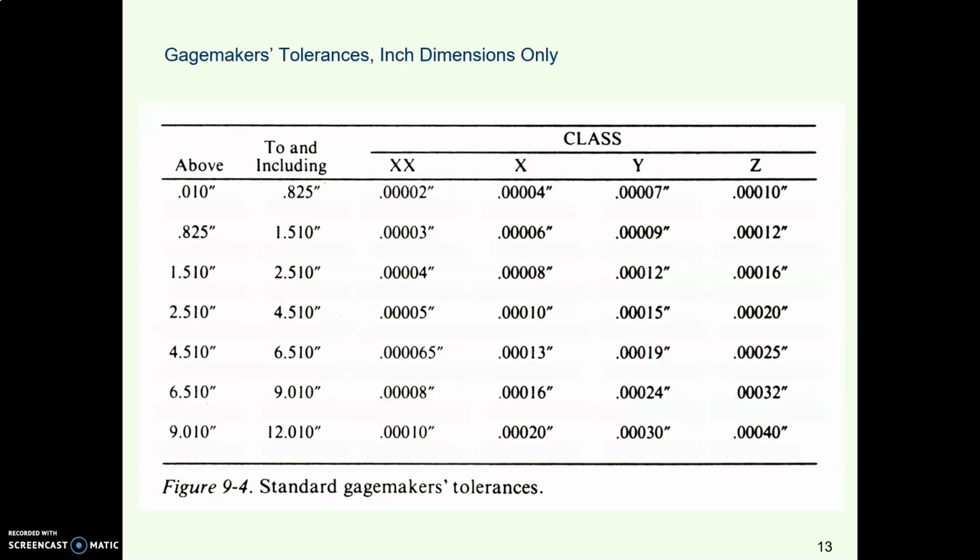So what this is saying is, if you are a gauge maker, and this is your size range, let's say you have a 3/4 inch pin, so it lies in here. Depending on what class of gauge maker's tolerance you're using, you might have a tolerance of 2/100,000ths of an inch on up to 1/10 of a thousandth of an inch, depending on the class.